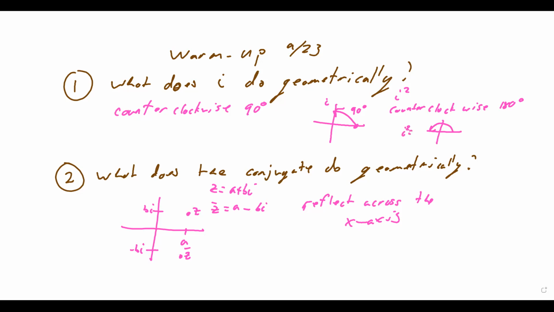But then we know that i squared is equal to just -1. So this would be 180 degrees, right? And then so on and so on. If I did it for a third time, where would I fall? 270. So again, i cubed would be 270.